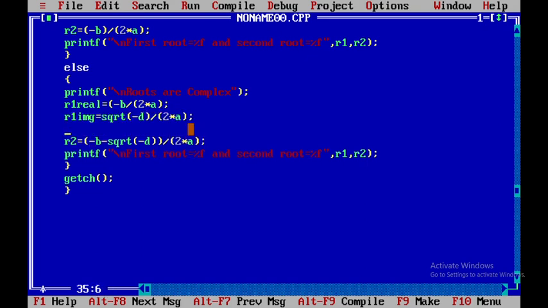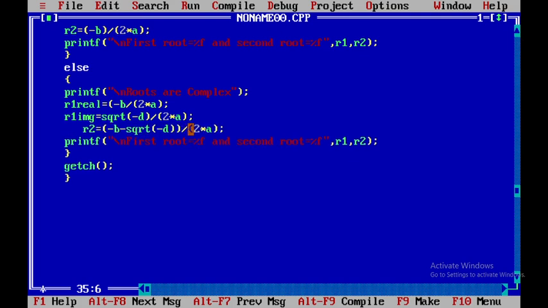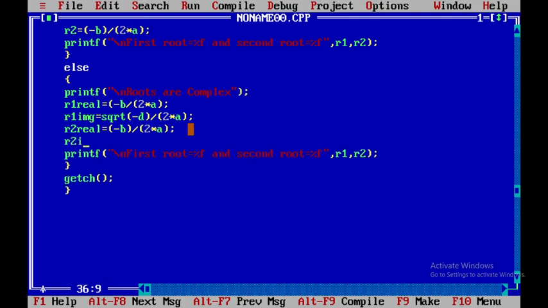Then similarly, for r2 real, it is minus b divided by twice a, and r2 imaginary is equal to minus sqrt of minus d, since we want to make negative into positive, divided by 2 star a.